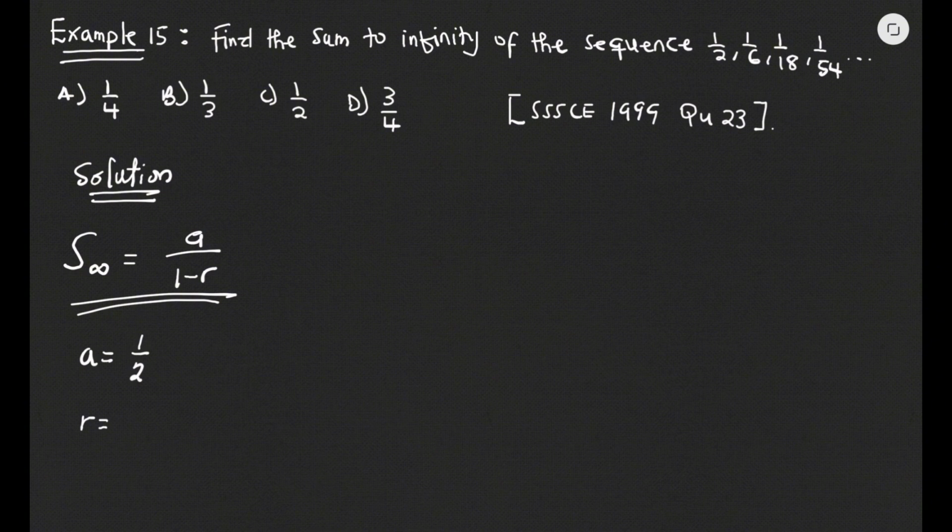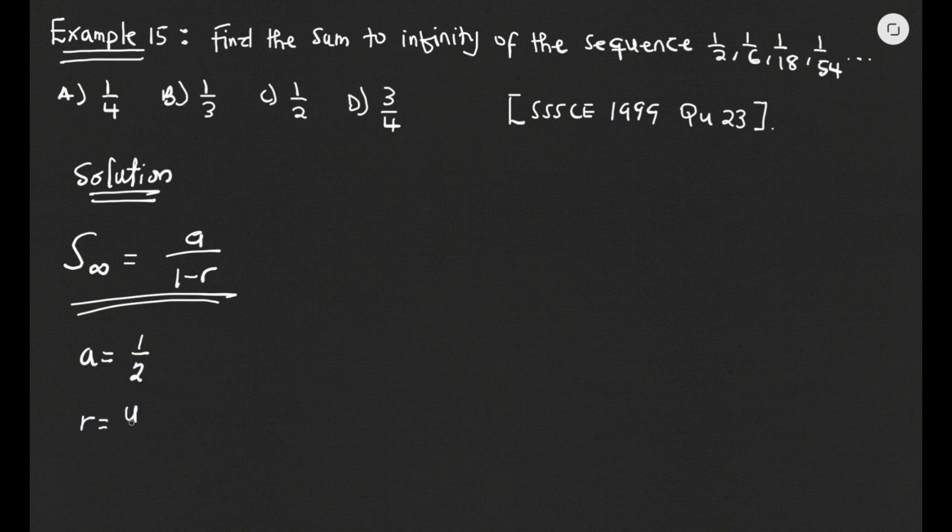So the ratio in this case will be, sorry, let me erase this. Okay, the ratio here is the second term over the first term, right? The second term over the first term.